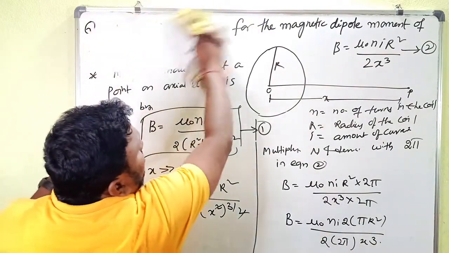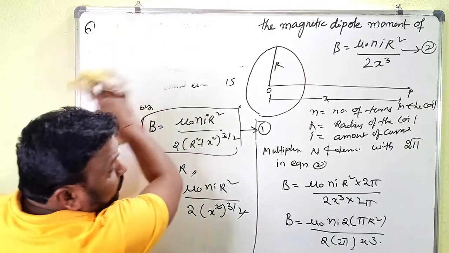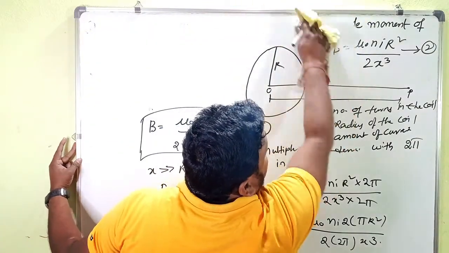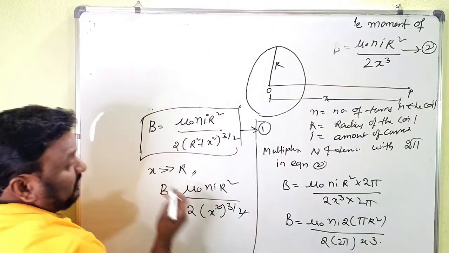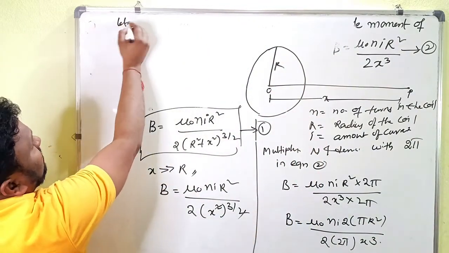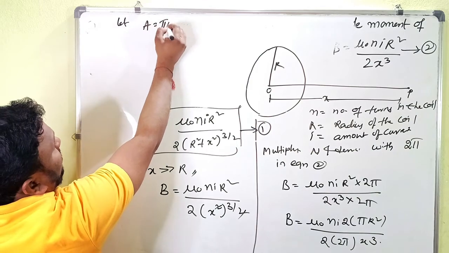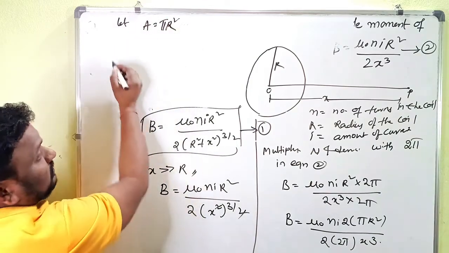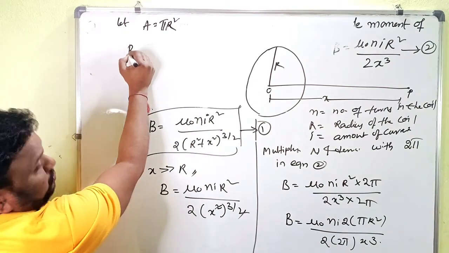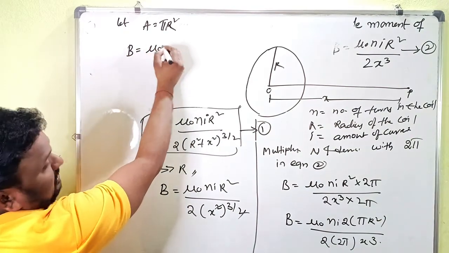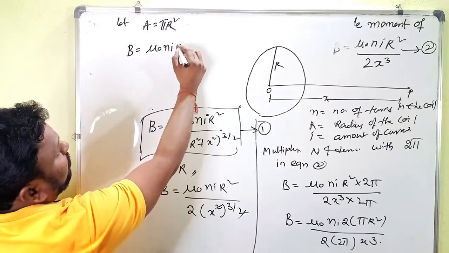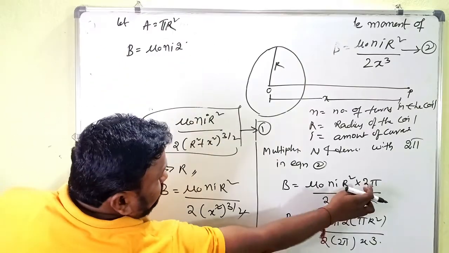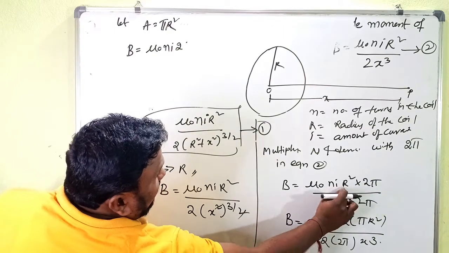Very simple. There, pi into r square, what is pi into r square? It is nothing but the area of the coil. Here let A is equals to pi r square. Then B is equals to mu naught n I, 2 into n I into pi r square.